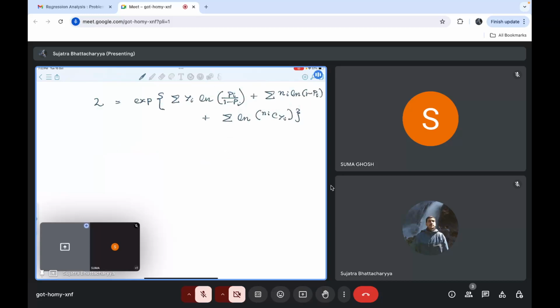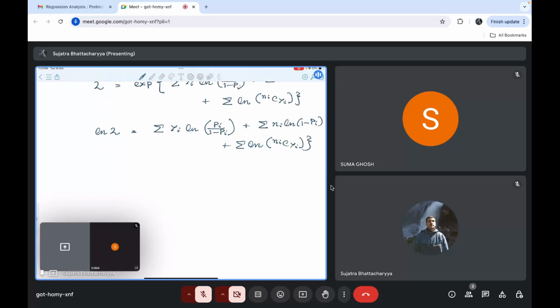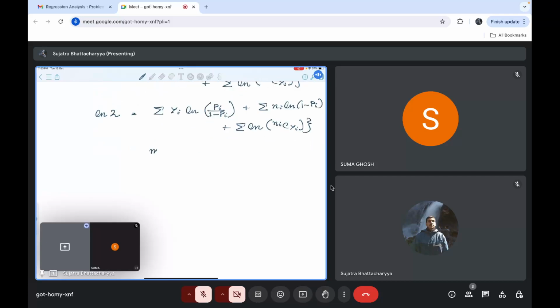The next thing is that we take the log of this. So the exponential will be gone: summation yi log of pi upon 1 minus pi, plus summation ai log of 1 minus pi, plus summation log of ai. And finally, we have to maximize this function, maximize log of L with respect to all the betas.